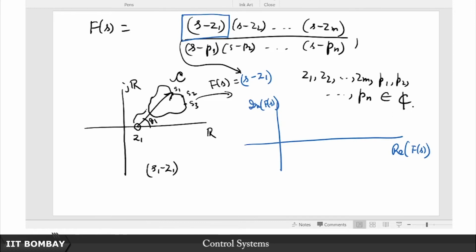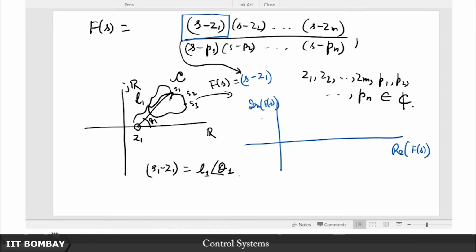Let us say this length you call L1. Then this is nothing but the magnitude L1, which is of course a positive real number, with an angle theta 1. This is the representation of that complex number S1 minus Z1 in the polar form.